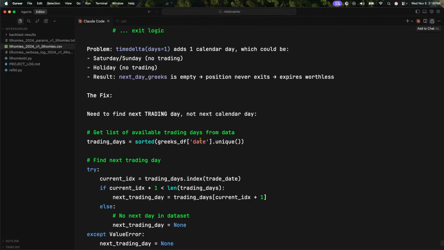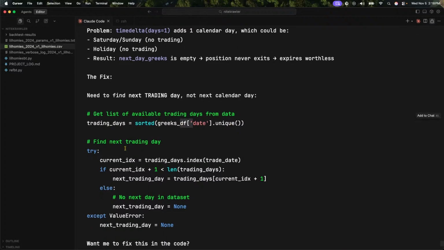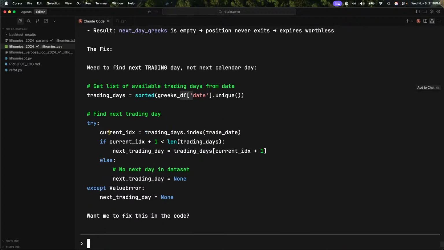So get a list of the available trading days from the data. Trading days equals the sorted Greeks data frame dates. Find the next trading date. Current idx equals the trading date index. If date idx plus 1 is less than the number of trading days, then that's the next day.